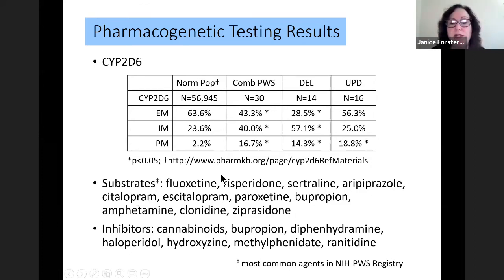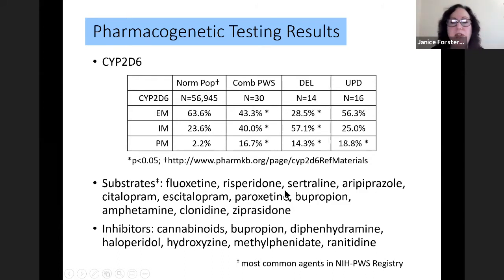But I do want to bring to your attention, these substrates, according to the NIH registry data, are presented in the order of decreased frequency of occurrence. So to give you an example, 25% of patients were using fluoxetine, which is Prozac, and about half of those were using risperidone, and then it decreases accordingly across frequencies.